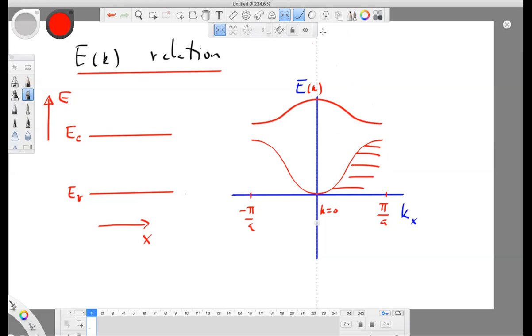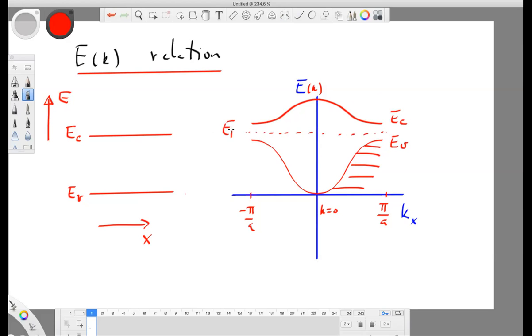This is going to be the valence band, and this is going to be the conduction band. At T equals 0, this band is completely empty and this is completely filled. Then our Fermi energy is going to be somewhere around here, right smack in the middle for a pure semiconductor.